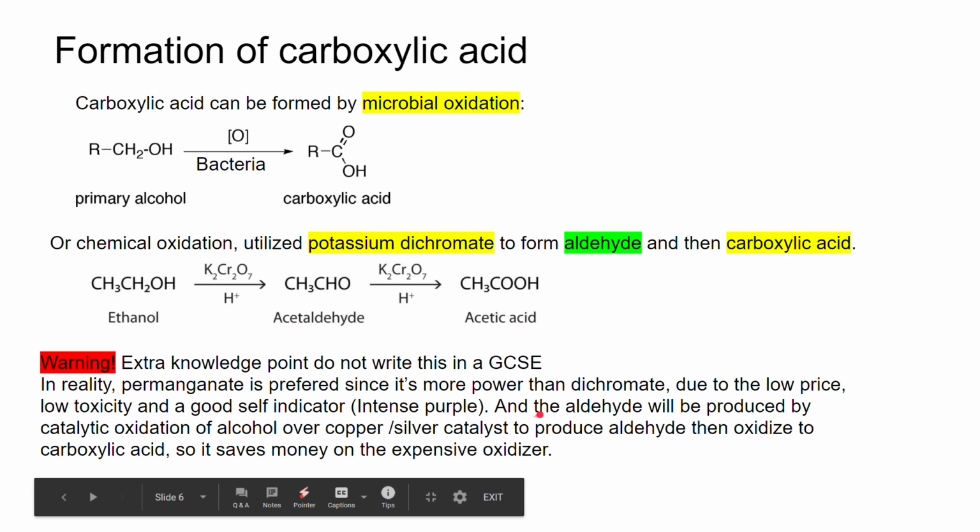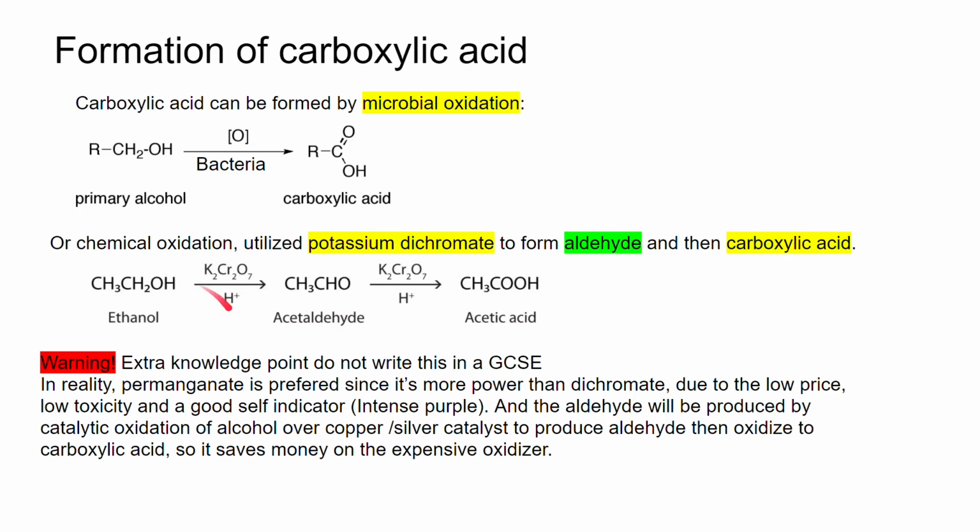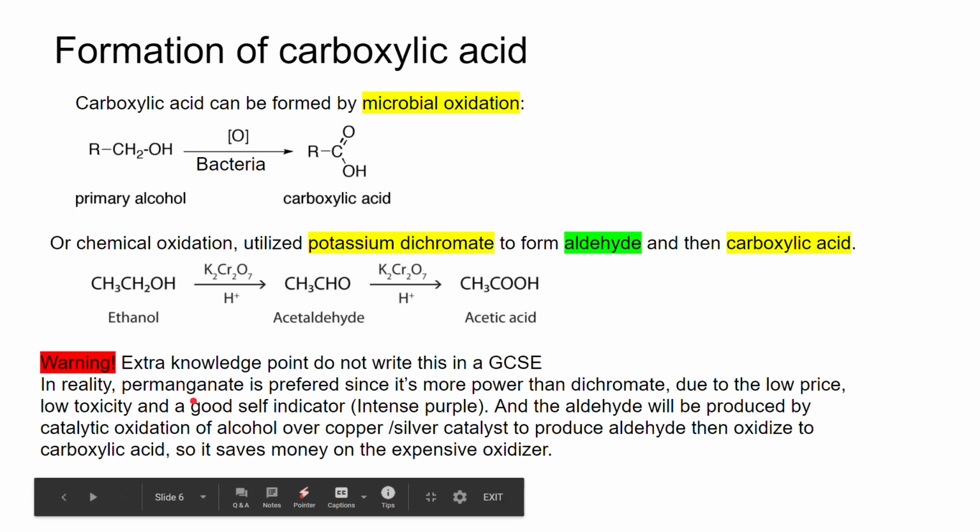The aldehyde will be produced by catalytic oxidation of the alcohol over a copper or silver catalyst, then oxidized to carboxylic acid. So it saves on the expensive oxidizer, and using catalytic oxidation over copper and silver is much faster compared to using permanganate salts, for example, or dichromate salts.